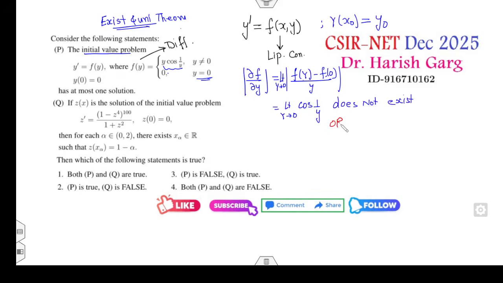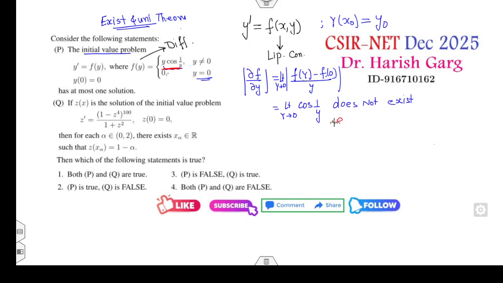Otherwise, you can find the partial derivative of y cos 1 over y. The derivative is cos 1 over y plus y times minus sine 1 over y times minus 1 over y square. Clearly this function is unbounded, so the Lipschitz condition is not satisfied.